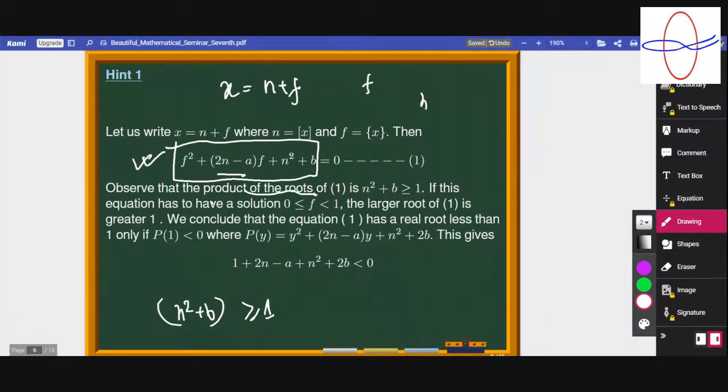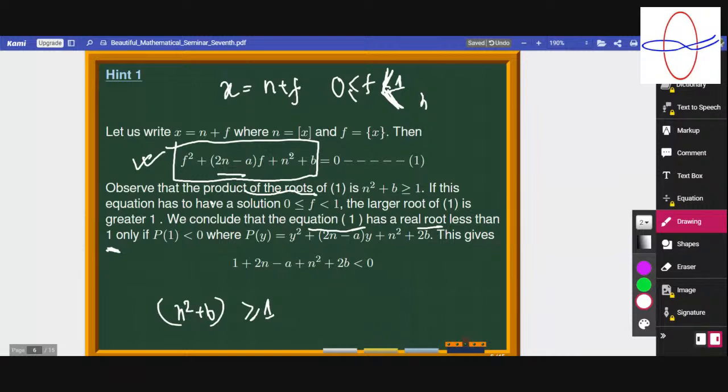Because f is a fractional part, it is less than 1 and greater than or equal to 0. And therefore the larger root must be greater than 1. Therefore, what we can tell from here is that this quadratic equation has only one real root less than 1. Okay?